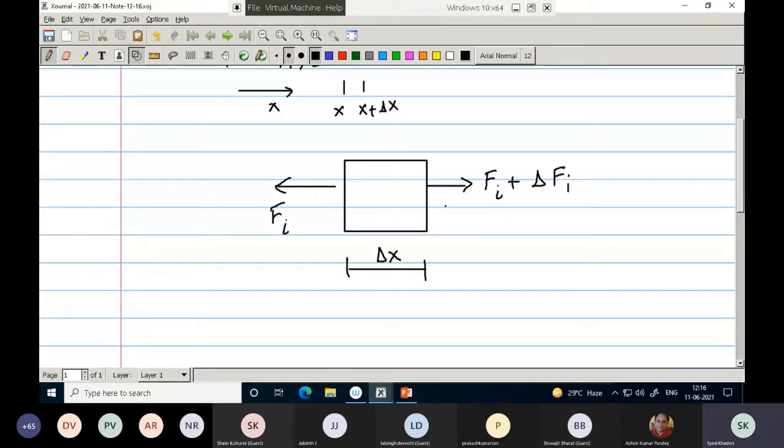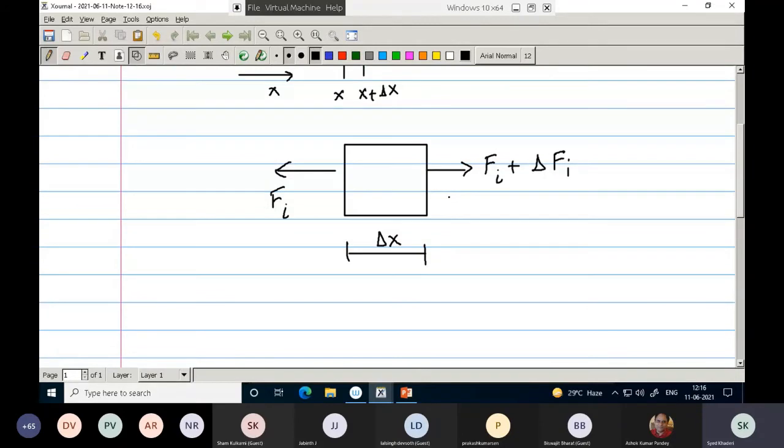Now, of course, the area is going to be A. So the mass of this element is going to be area times delta x, which is the volume, times the density of this material rho. That will be the mass of this one particular small element.